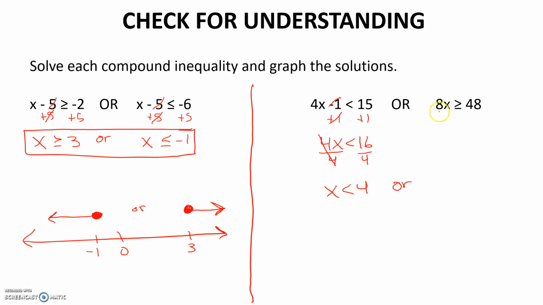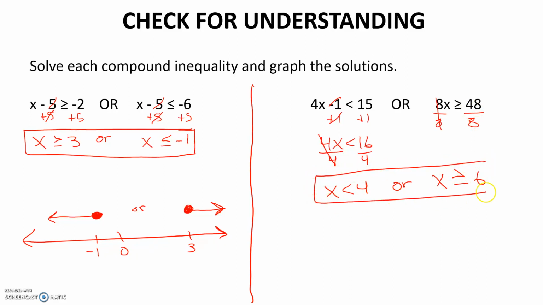Or over here, this one's not too bad. Divide both sides by 8. 8 cancels out. That gives me 1x is greater than or equal to 48 divided by 8, which is 6. All right, so I've solved here my solution. x is either less than 4 or x is greater than or equal to 6.